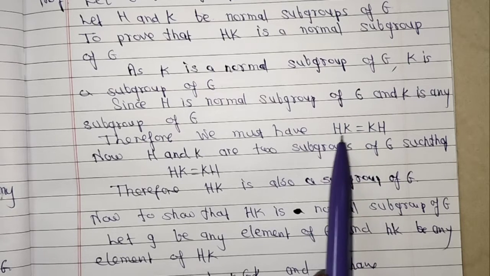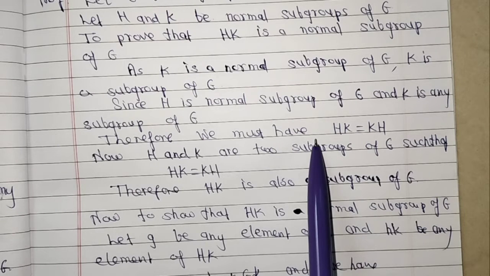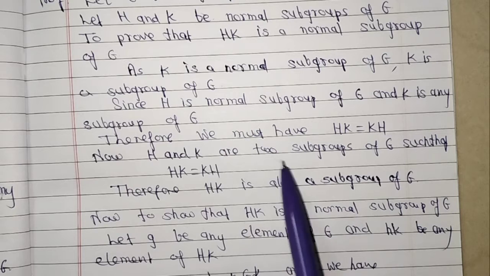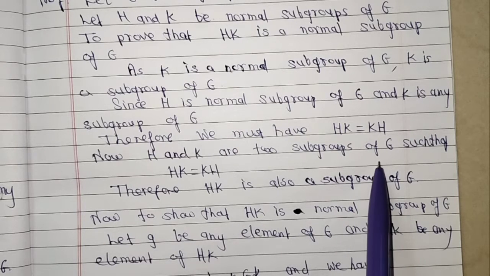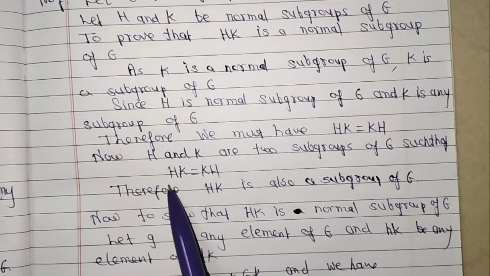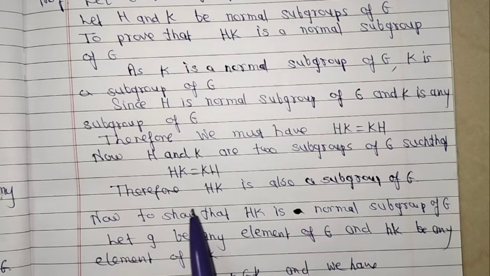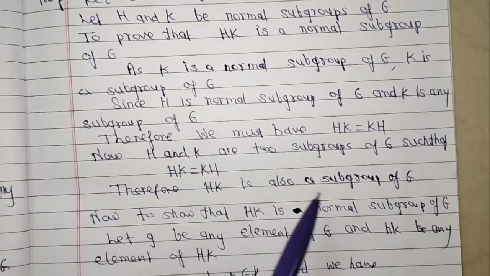We have proved this in the previous theorem. Now, H and K are two subgroups of G such that HK equals KH. Therefore, HK must be a subgroup of group G by the previous theorem.